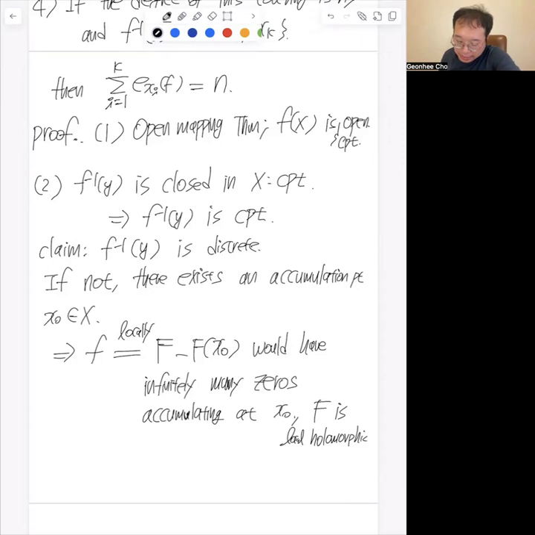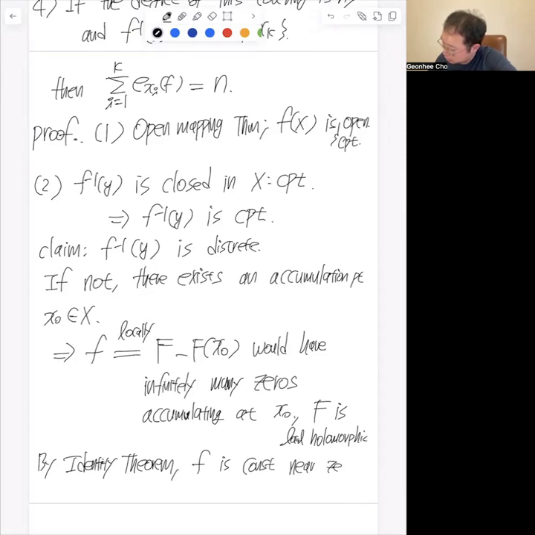Then we know by the identity theorem that f must be constant near zero, that is, small f must be constant near x naught.